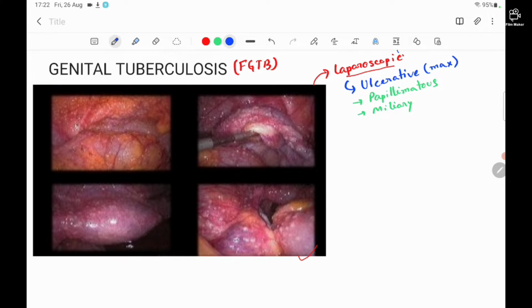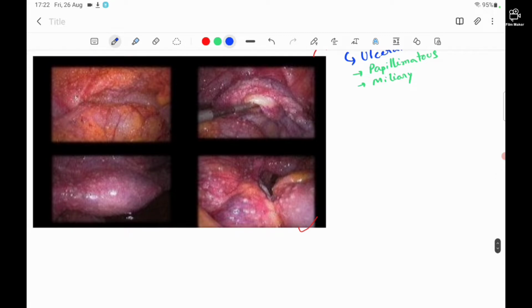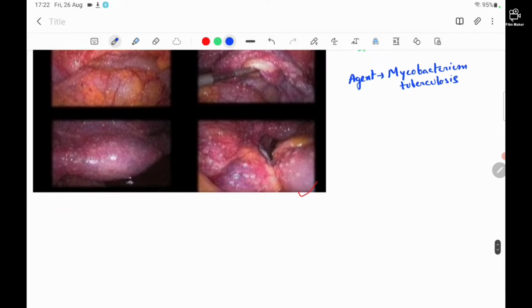Now when we talk about genital tuberculosis, the causative agent is obviously Mycobacterium tuberculosis. And the primary infection which happens, in most of the cases, the primary infection is where?